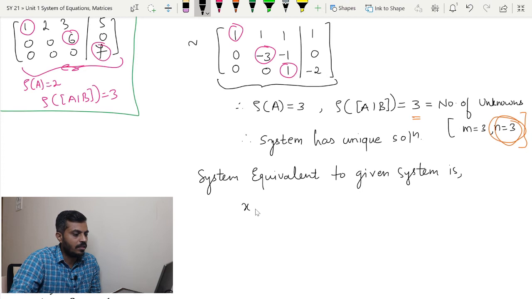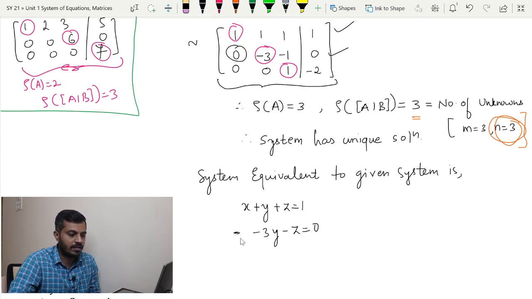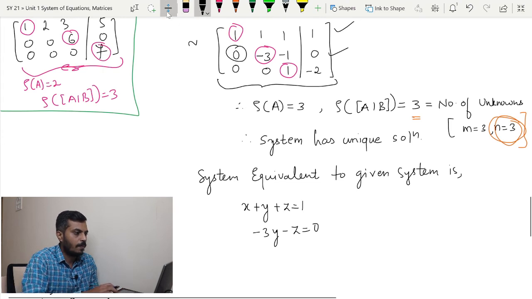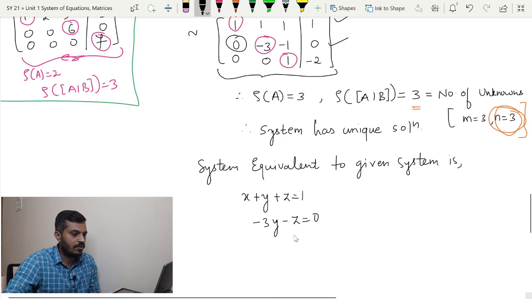And what is that? x plus y plus z is equal to 1, that we got from this first row. From the second row we will get minus 3y minus z is equal to 0, because this coefficient is 0. So over here we do not see the x variable, and the last one will be z is equal to minus 2.